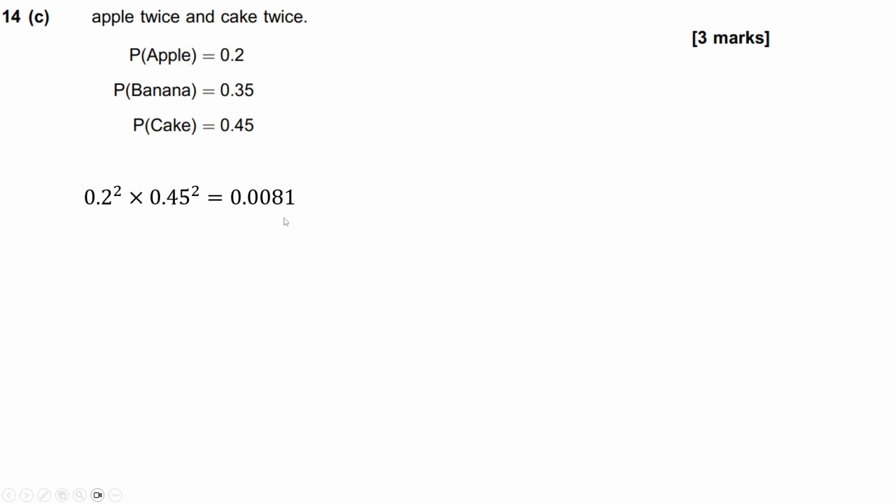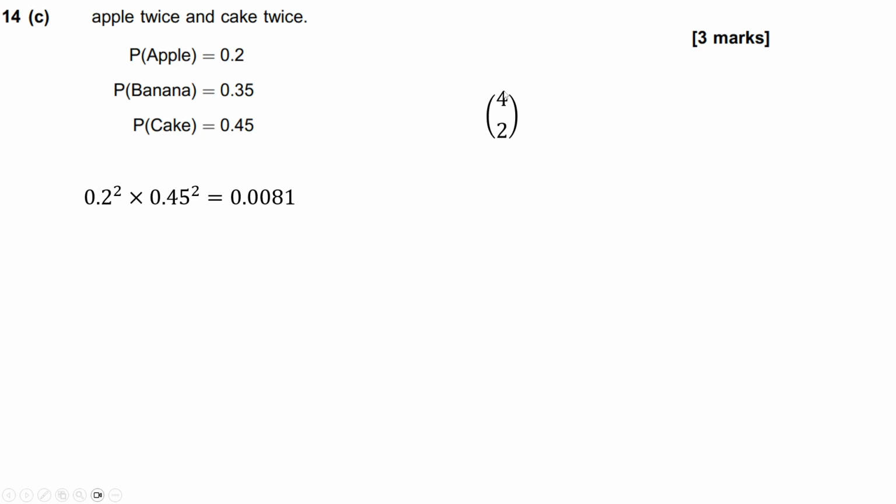But that's not the complete and final answer because there are a few ways to arrange this. First of all, you could get an apple cake, which is what I've said here, or you could get an apple cake, or you could get a cake apple, or a cake apple. There are a few ways to do this, but you can just use the choose function. So you have 4 possible days, and you're choosing 2 different things from them. So how many ways can you arrange 2?